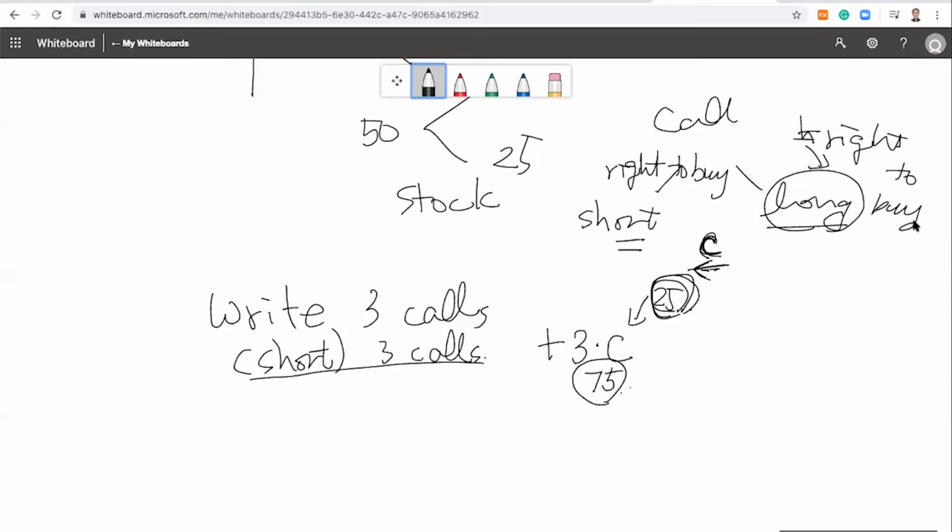Right to buy what? Right to buy the underlying asset, which is this stock, at the end of the period, at the price of 50 for each one. And he has 3 of these rights, because you sold 3 call options.